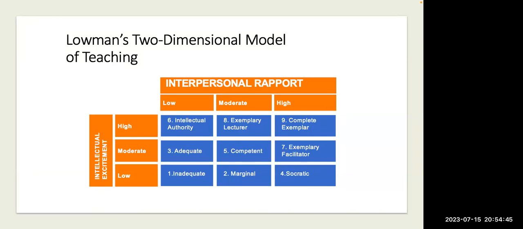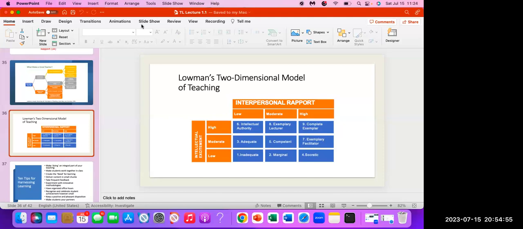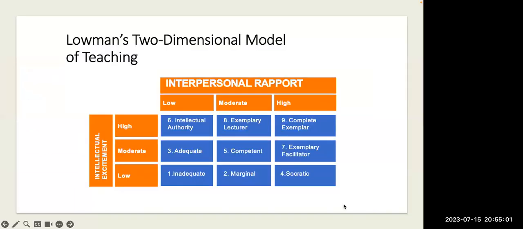Madam, the slide is not visible. Slide is not visible? I'm sorry. Okay, it's visible, ma'am. I think we can see it. Yes, it is visible.